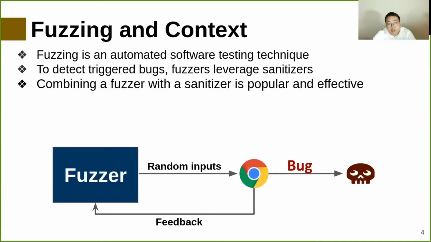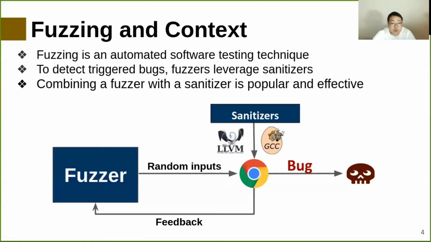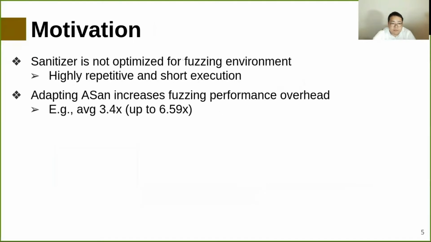However, not all bugs cause segment fault errors immediately. So to detect triggered bugs, the fuzzer usually leverages sanitizers. For instance, we analyzed Google's fuzzing bug reports and found that address sanitizer contributed to finding 42% of them. Like this, combining a fuzzer with a sanitizer is an effective and popular choice.